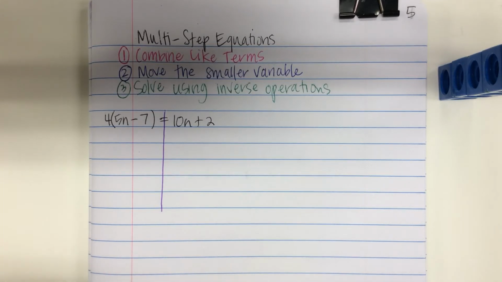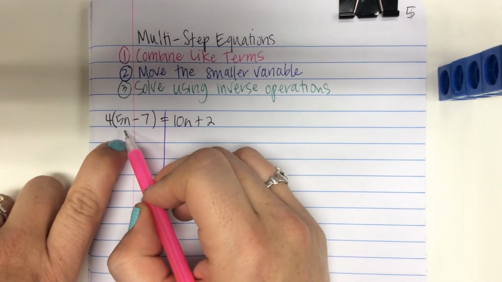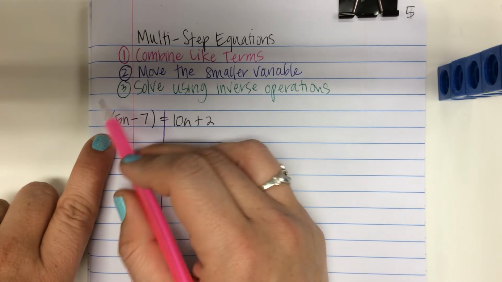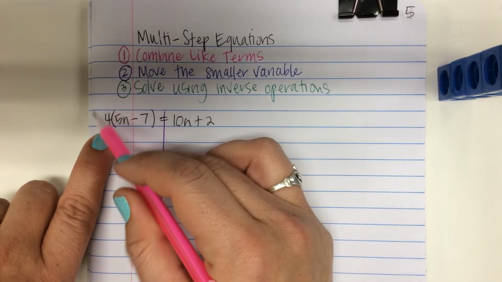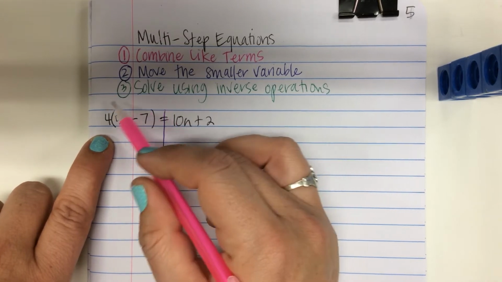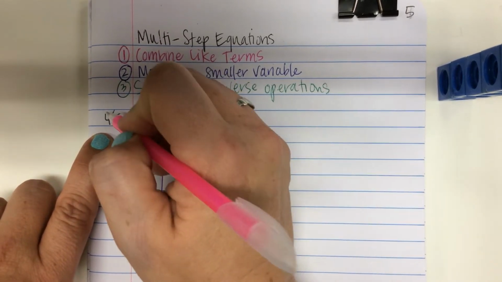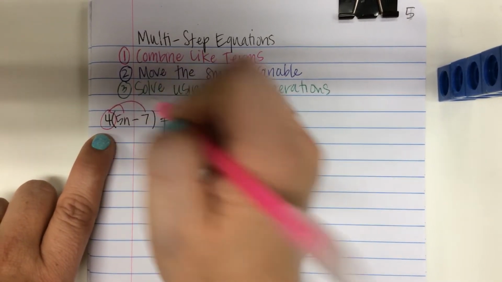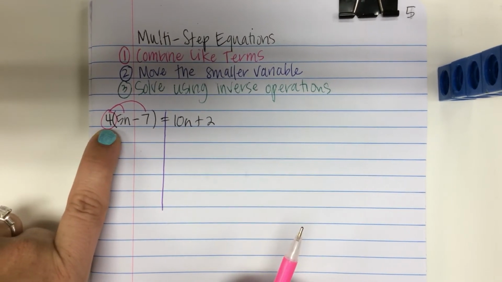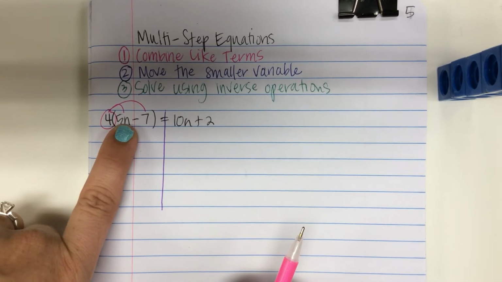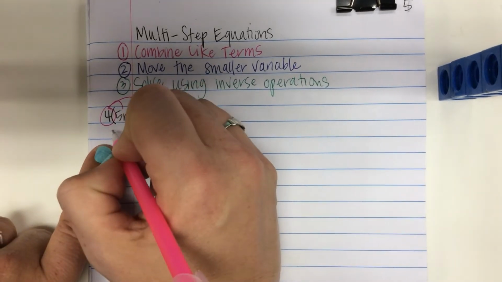If I'm looking at the left side, what should I do to the left side? I should use the distributive property, right? 4 times 5n is 20n.